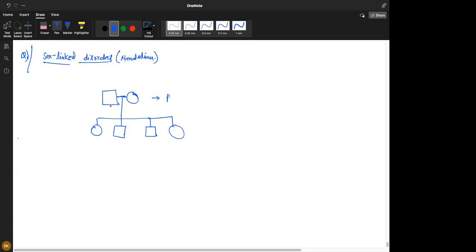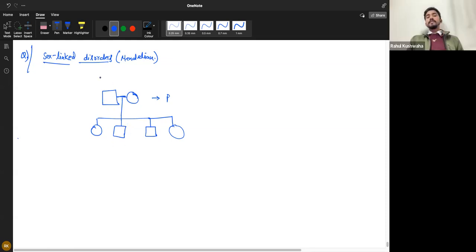Correct. Now let's say a disorder is sex-linked. Most of the time when it is sex-linked, it is on the X chromosome. That's why sex-linked disorders are also known as X-linked disorders.